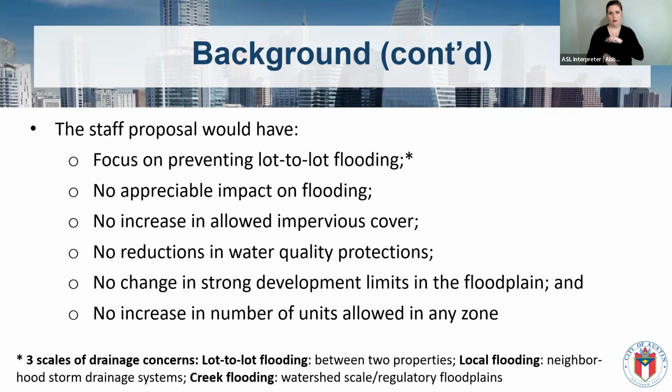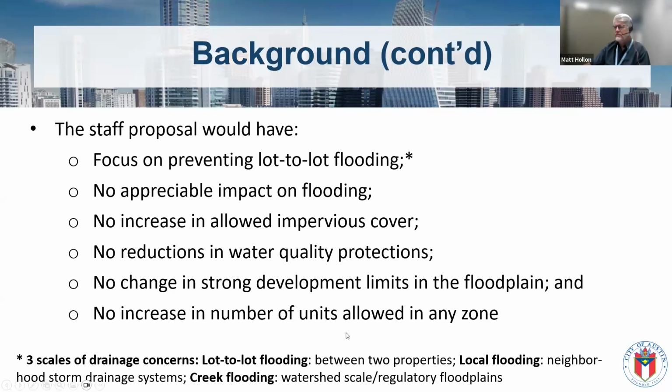And very, very importantly, we in Watershed are extremely concerned about development in and around a floodplain, and we don't want to have any reduction in strength of our regulations there. And so that, again, is unchanged, and we're very, very particular about that. And there's no increase in the number of units in this particular case.